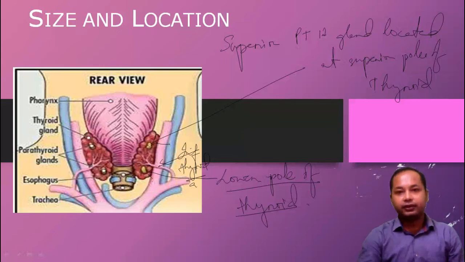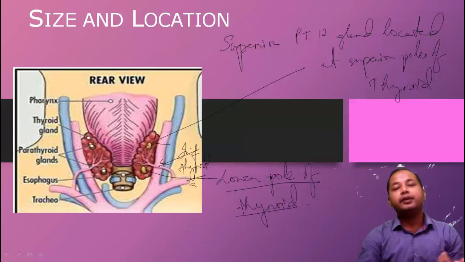This is golden yellow in color, and it is difficult since it is very small. So it may be misinterpreted as a fatty tissue. That is why accidentally it may be removed. So this is to be taken care of, that the superior and the inferior parathyroids are located in the posterior part, just near the posterior border of the thyroid gland.